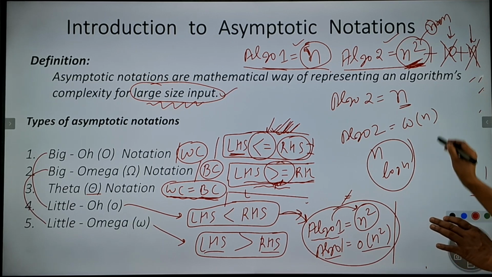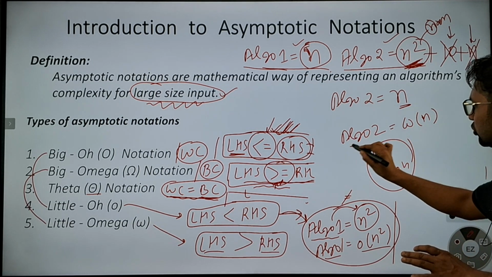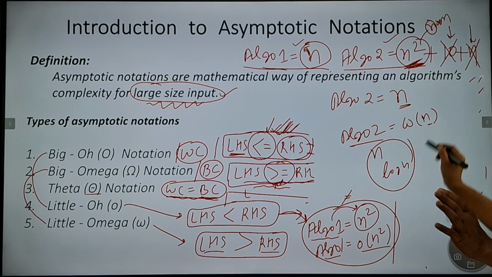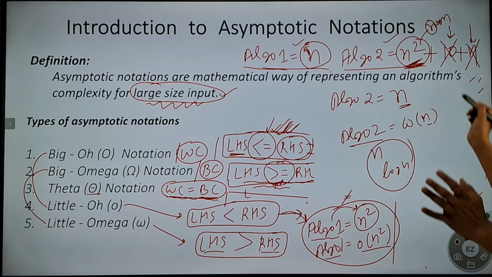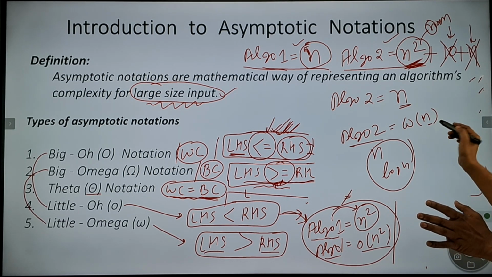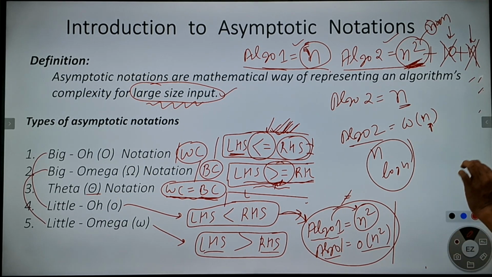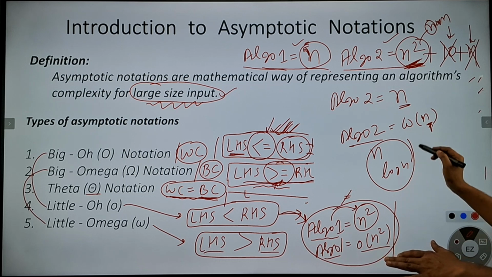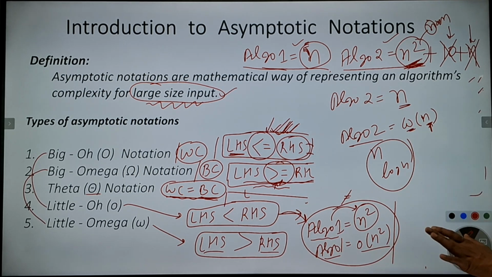We are sure that algorithm 2 will not even reach n itself. It will take more than n time, maybe n log n and so on, but it will not reach this lower limit. Definitely it will not reach n. So then we can use the little omega notation.